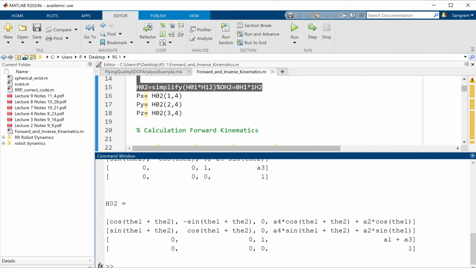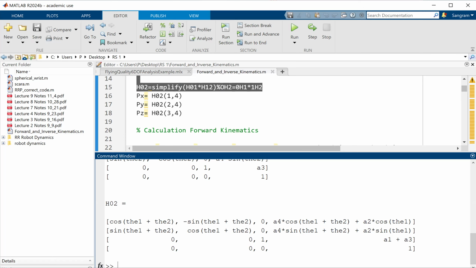And finally, since frame 2 is at distance A1 plus A3, this is its Z position. Everyone understood this? This is the solution of the forward kinematics problem. Everyone understood this?